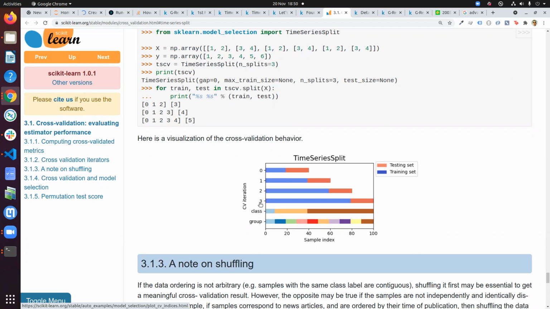The test sets here overlap a bit with, yeah, I'm not sure. But it makes sense that the test set is always after the training set. I haven't actually tried it yet, but it made sense.